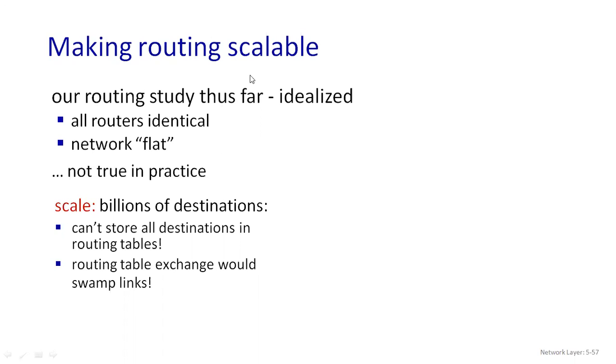If you consider the scaling of routing, there will be billions of destinations. If there can be billions of sources, then definitely there can be billions of destinations, and at each moment we send packets or messages from one place to another.